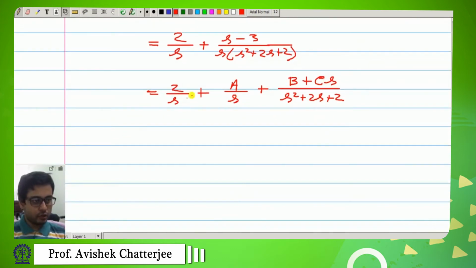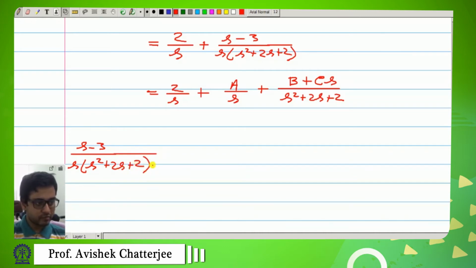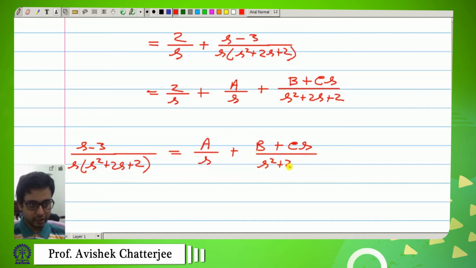Okay, now that means we need (s minus 3) divided by s(s square plus 2s plus 2) to be equal to a divided by s plus (b plus cs) divided by s square plus 2s plus 2.